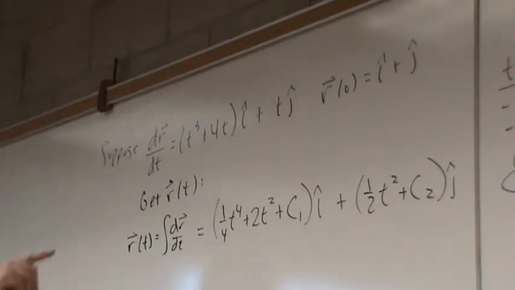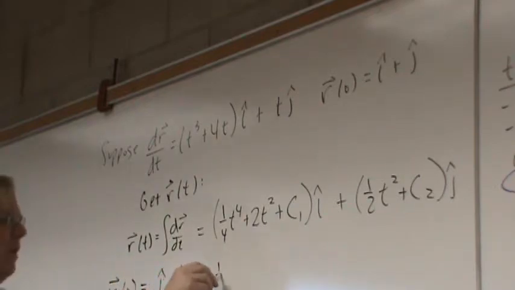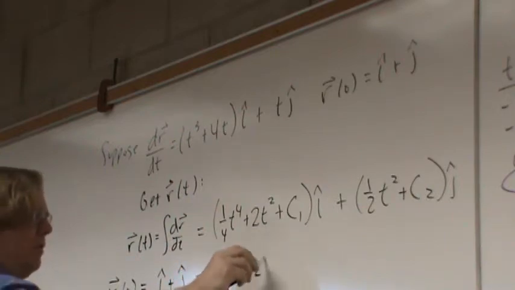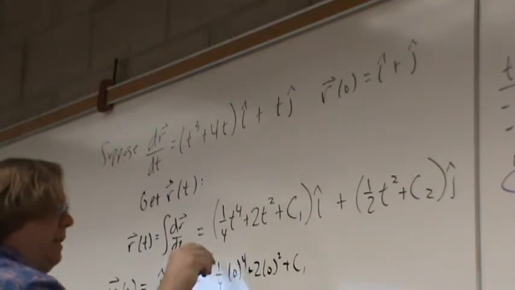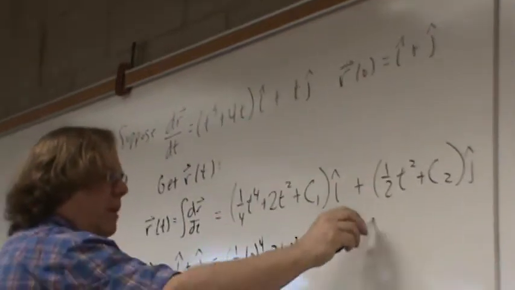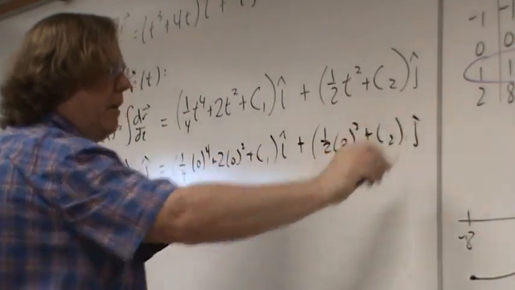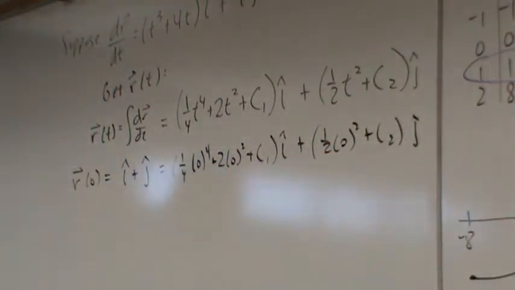So let's plug in r of 0. r of 0 equals i plus j, which is going to equal 1/4 times 0 to the fourth plus 2 times 0 squared plus C1 i plus 1/2 times 0 squared plus C2 j. I think it's pretty obvious what ends up being my C1 and my C2. Yeah, 1.